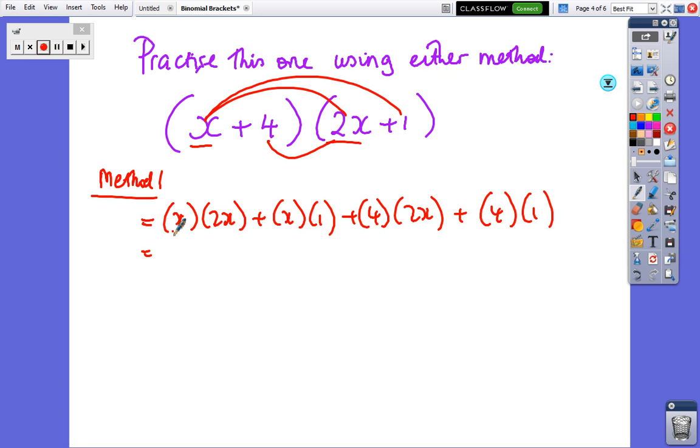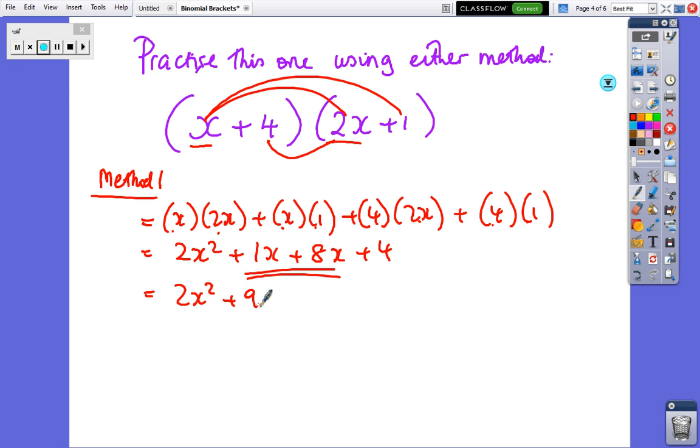Now it's a little harder. X times 2x is 2x squared. X times 1 is 1x. 4 times 2x is 8x. 4 times 1 is 4. And then these terms are like. 8 plus 1 is 9. Plus 4, and don't go any further.